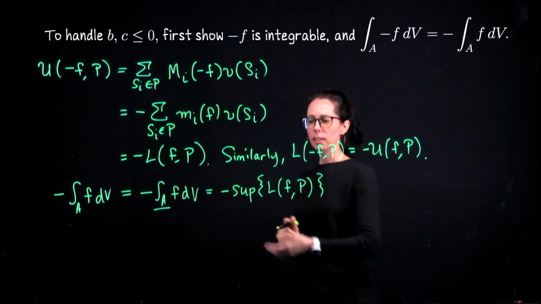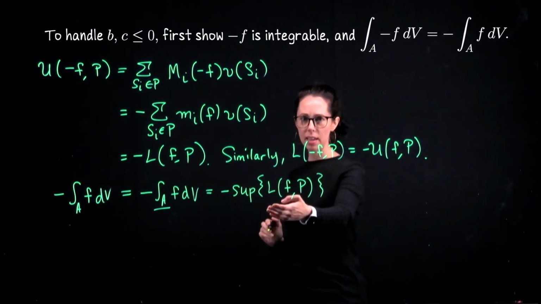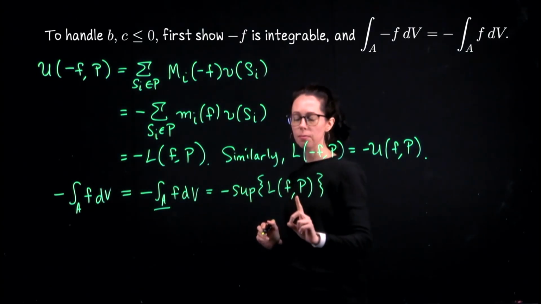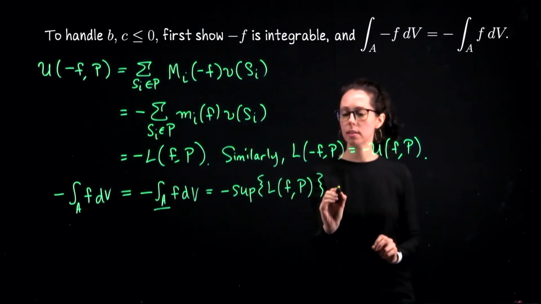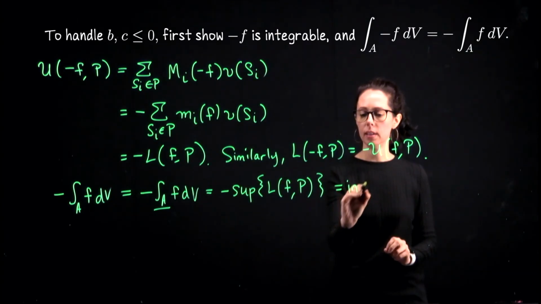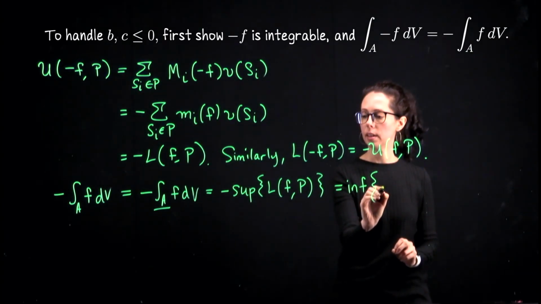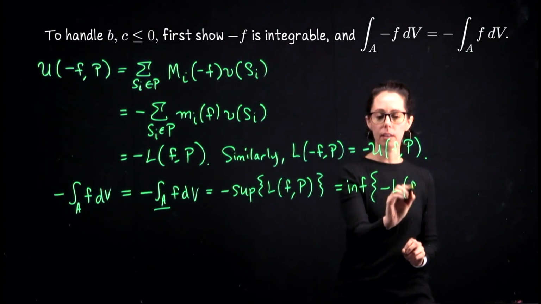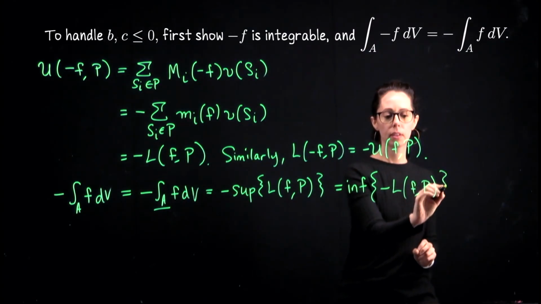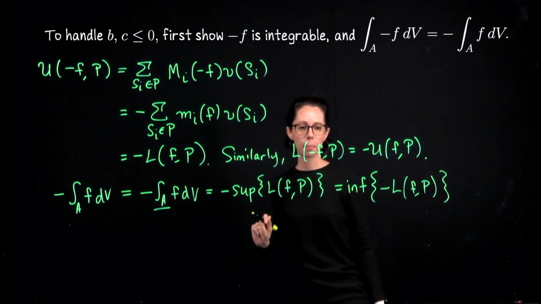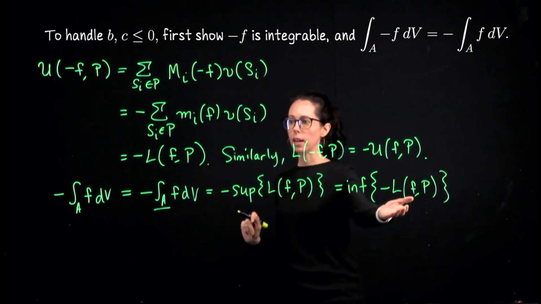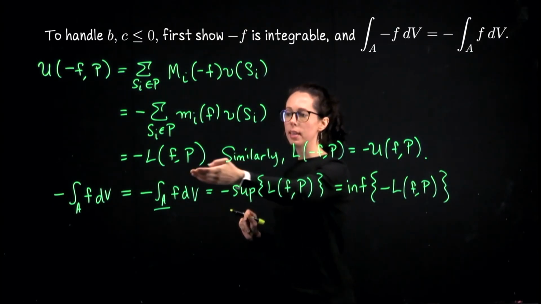Same idea. I'm going to bring this negative inside, flipping the sup to an inf. Let me go one more time to the right. Inf of negative L of f, P over all partitions P. But now I actually recognize that this is on the board. It's here.